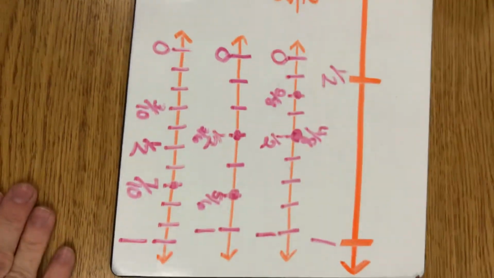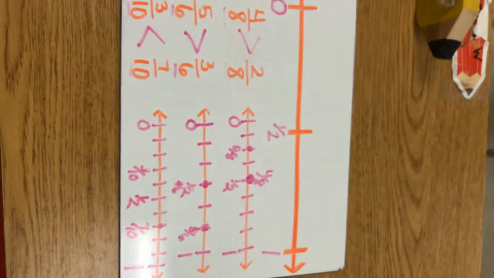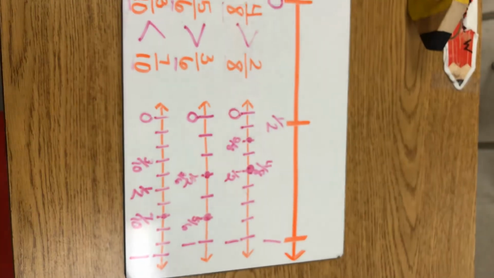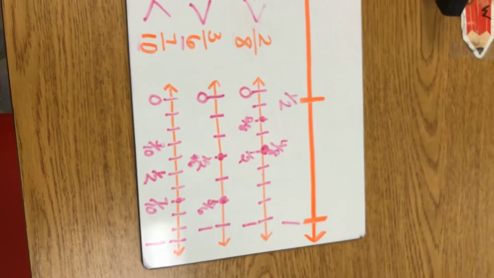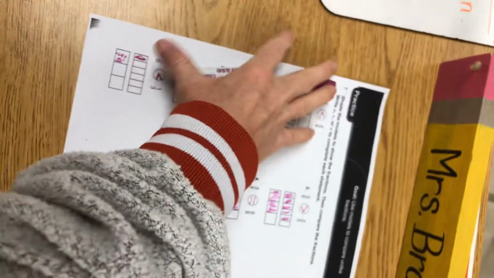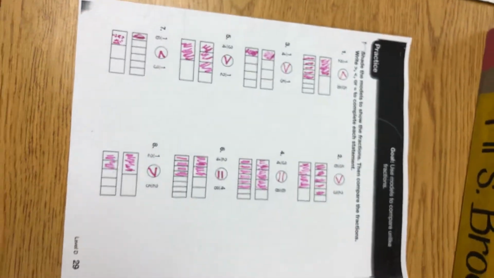And then if you have number lines, you just create yourself a number line depending on the denominator. You would break your number line up into that many pieces, put on your benchmarks, and plug them on. And then with your picture ones, you just want to shade in the pictures, and then you can make a comparison.